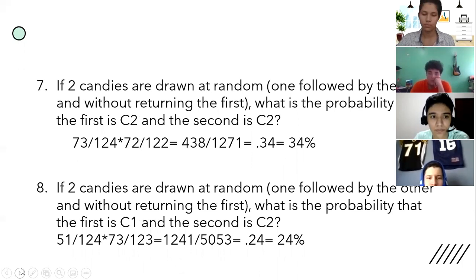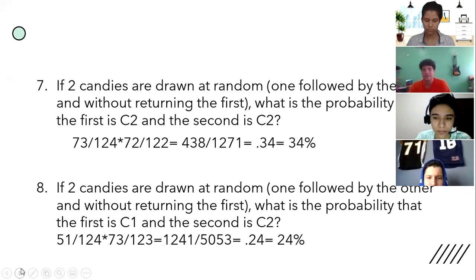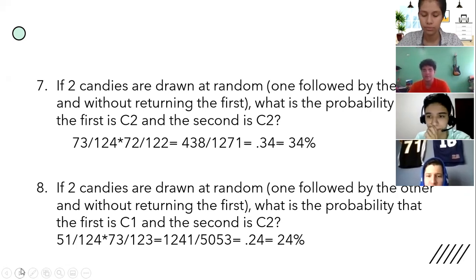In problem number 6, if two candies are drawn at random, one followed by the other and without returning the first, what is the probability that the first is C1 and the second is C1?